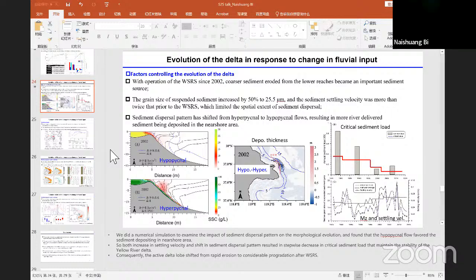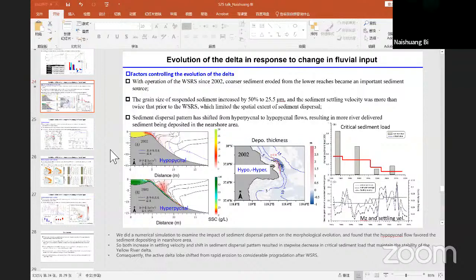What are the driving processes? I think there are two reasons. One is a decrease in the sediment load to the sea of the Yellow River, but you will find the water discharge actually increased after the operation of Xiaolangdi. That means the suspended sediment concentration decreased.